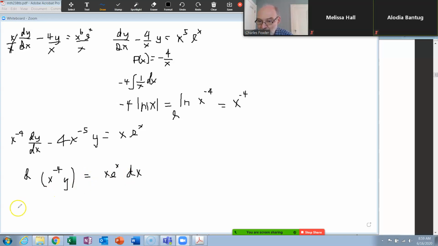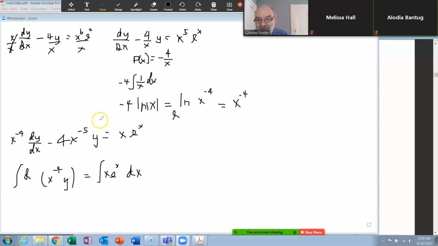Now what I'm going to do is integrate both sides. Now in this integration, since this is not an initial value problem, we are just going to integrate, and we will need a constant of integration. We'll worry about that later.